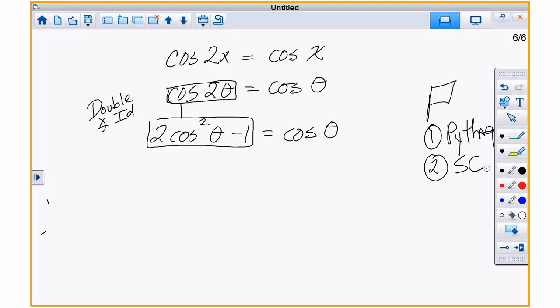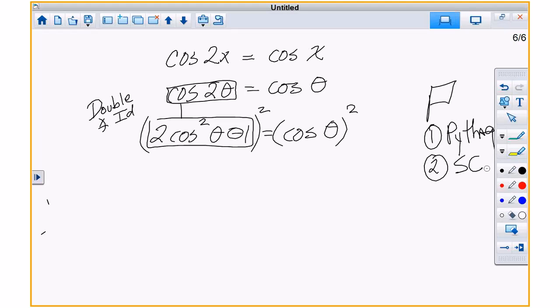Now, why didn't I change it? There are 3 forms of the cosine. Why didn't I change it to the tangent? Well, that would be pouring fuel on the fire. That would be making it more difficult. So now I square both sides, just like we did in the last problem. Now I have shortcut number what? Number 1 or number 2.